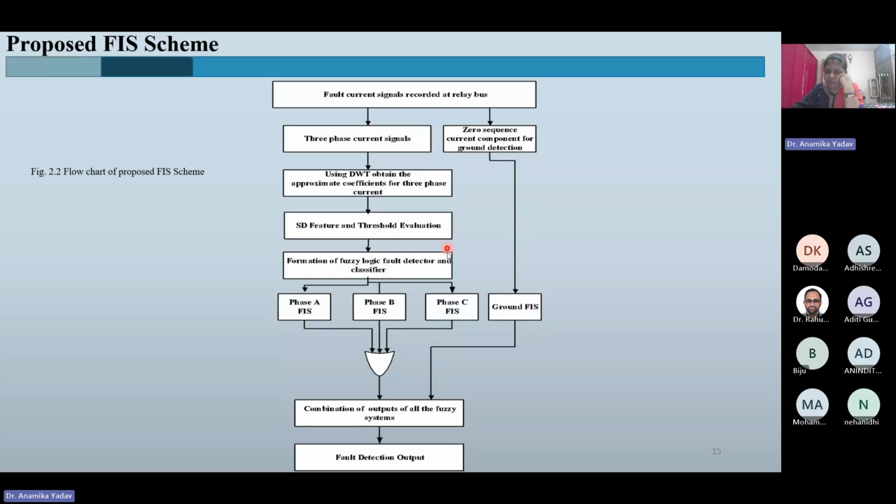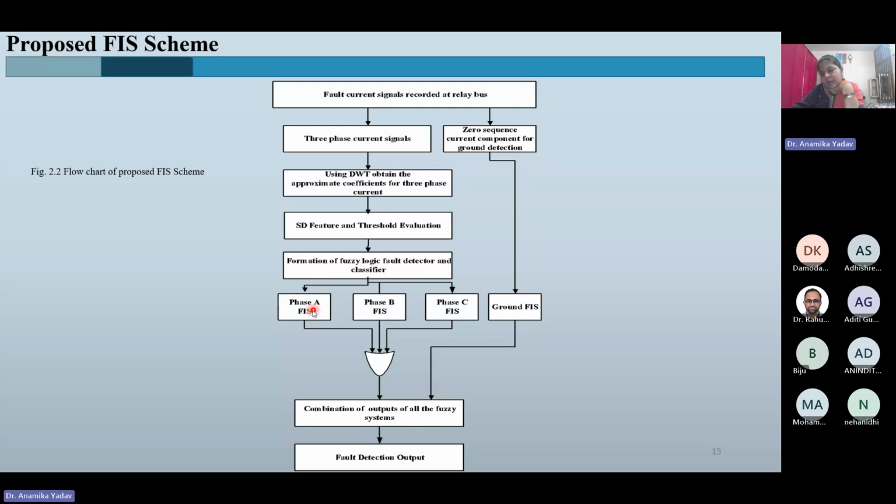wherein the fuzzy logic based fault detector and classifier is initially designed phase-wise. A separate FIS module has been designed for each phase, and a ground FIS is also designed. In total, four FIS have been designed, and using an OR gate, if either phase is faulty, that gives the presence of fault.